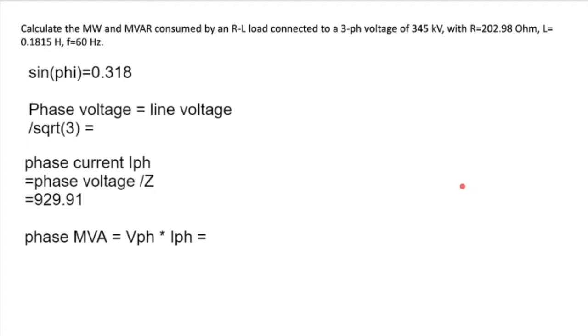So what is the value? It takes 5 seconds to do this calculation. You have per phase MVA, you multiply it by cos phi. How many seconds does it take?